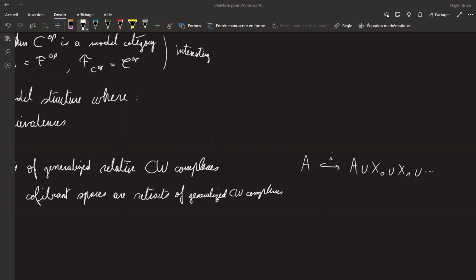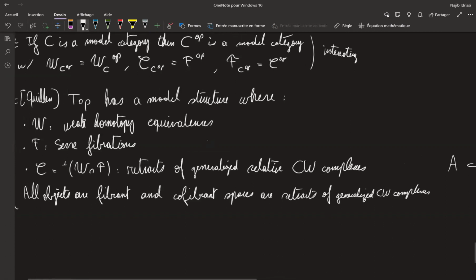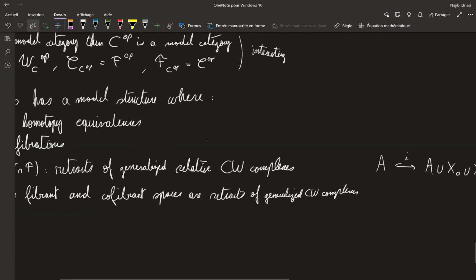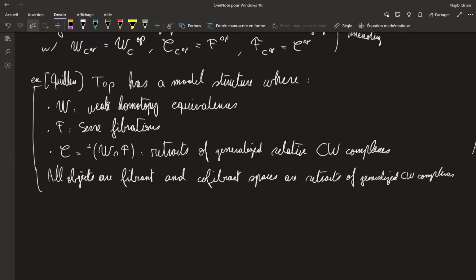And as I said, you have to deal with retracts because if something is a cofibration, then so are its retracts. So there is another question. Is there a VAT missing? Where would you put that?